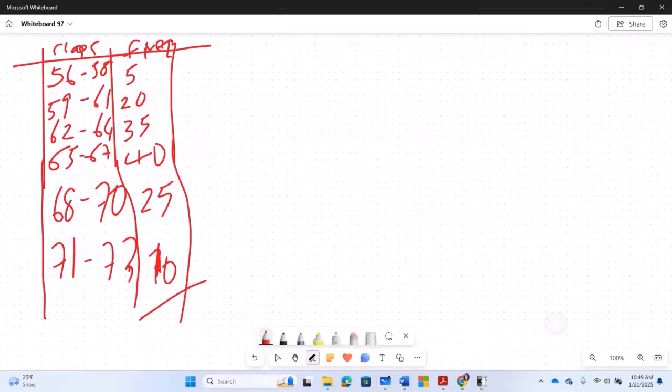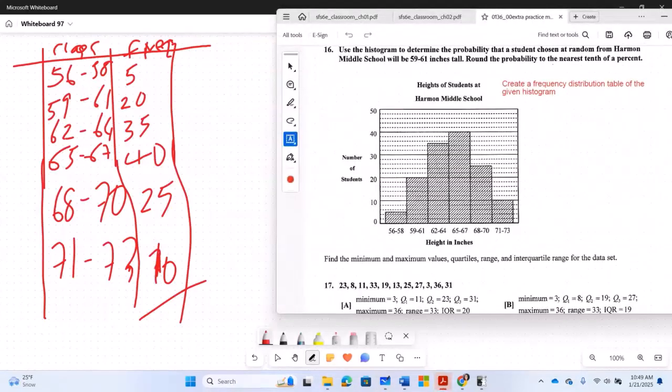Let's look at the question again. Use the histogram to determine the probability that a student chosen at random from this school will be 59 to 61 inches tall. Round the probability to the nearest tenth of a percent. I want you to know that probability is the same as relative frequency.